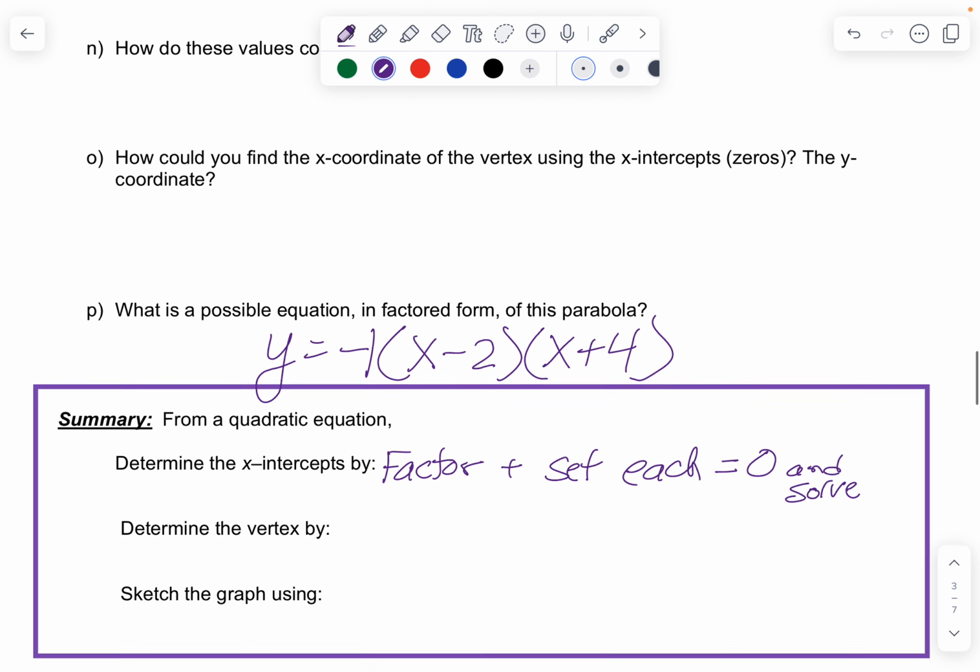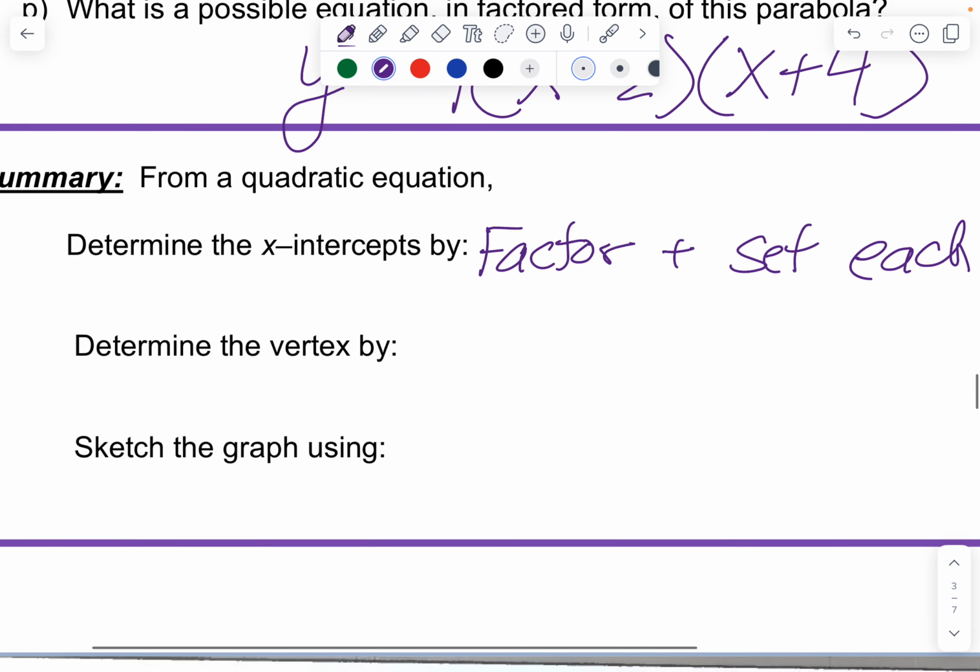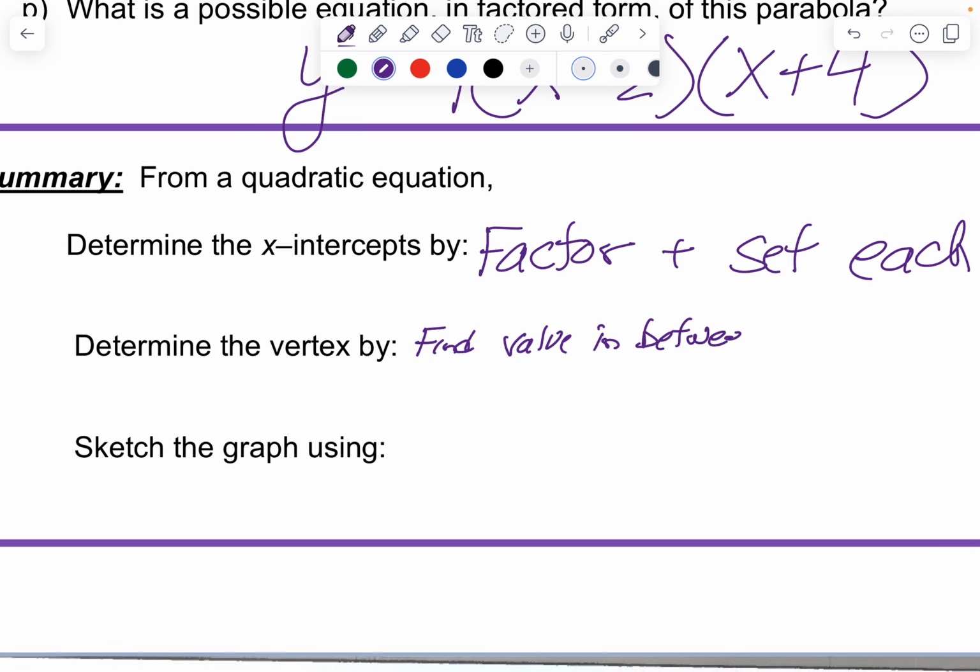So for our summary for that, in order to find the vertex, we want to find the value between the x-intercepts. Then we're going to go and substitute that number into the equation to find the y.